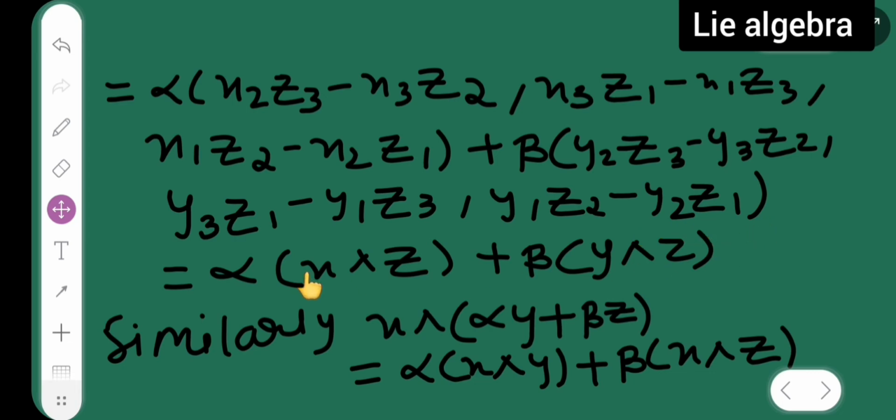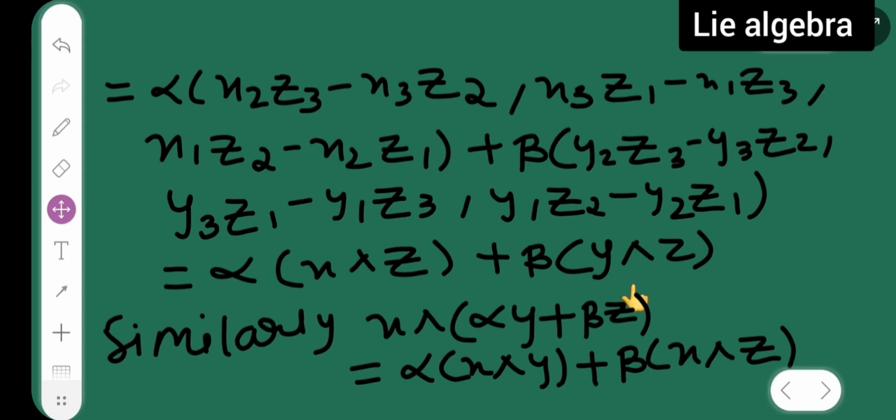Now finally what we are going to get? This is equal to alpha, this alpha, and this is what? By the definition of x cap y, we get x cap z plus beta, this beta, y cap z, by the definition of x cap z.